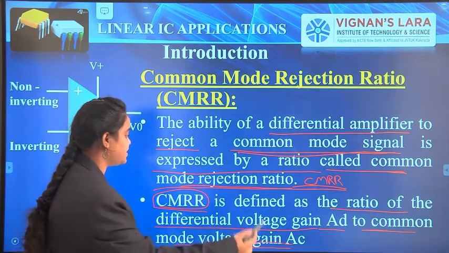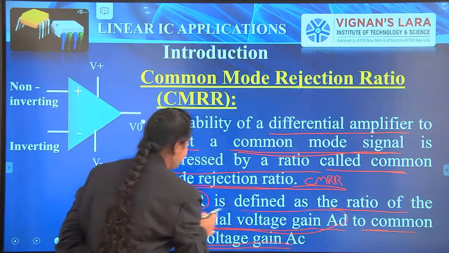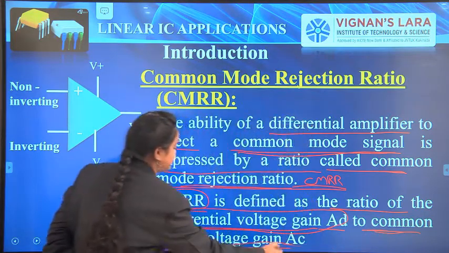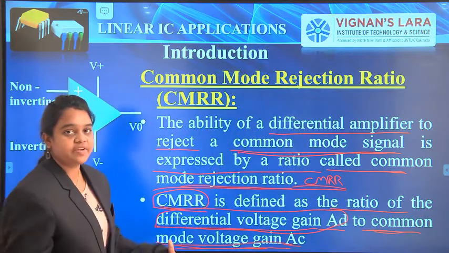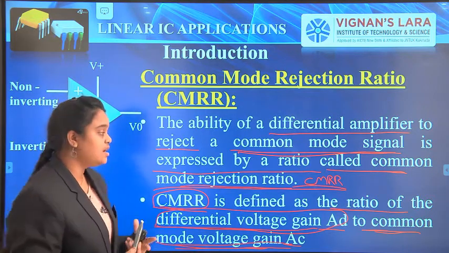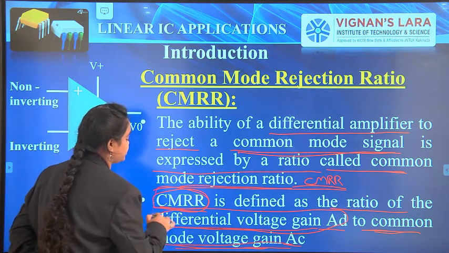In yesterday's class you already derived what is meant by differential voltage gain AD and common mode voltage gain AC. It is defined as the CMRR.